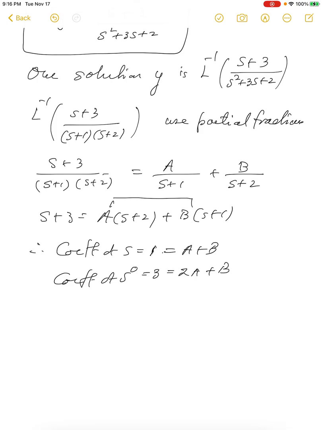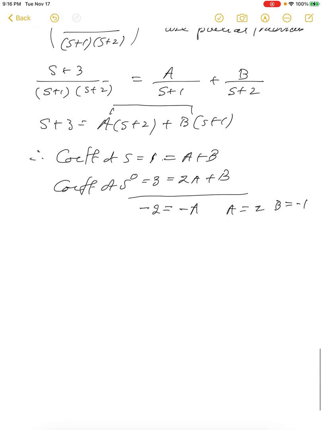If you want to solve this, I subtract equation 1 from 2, so I get 2 equals a. So a will be 2 and b therefore is minus 1, isn't it? Because a plus b should be 1.